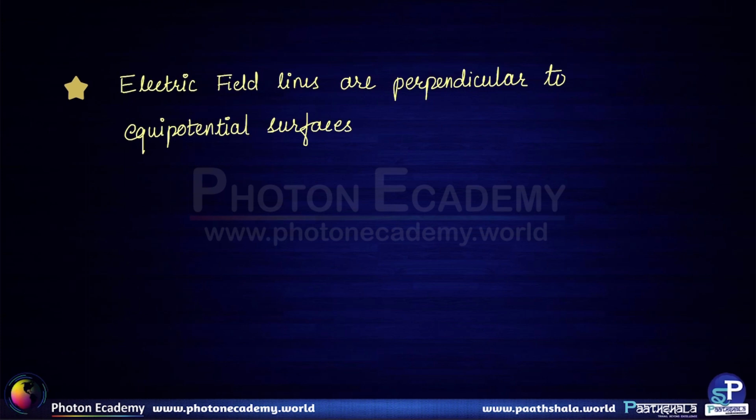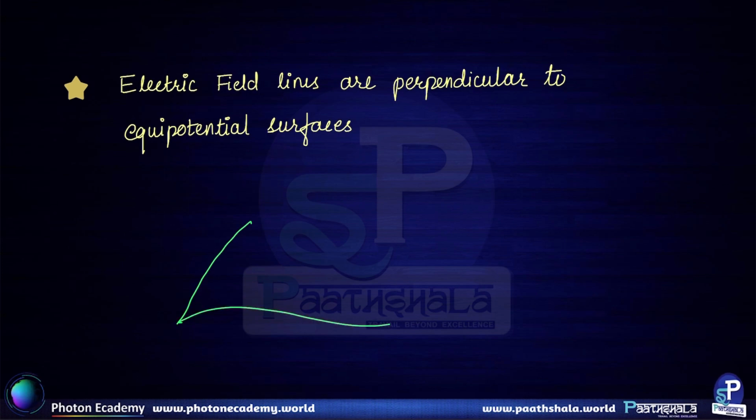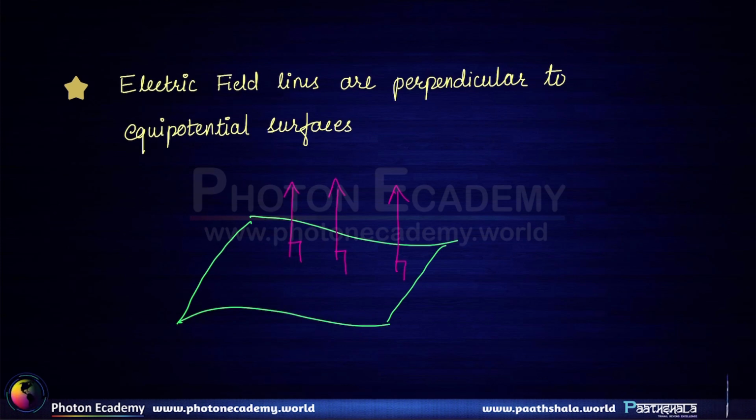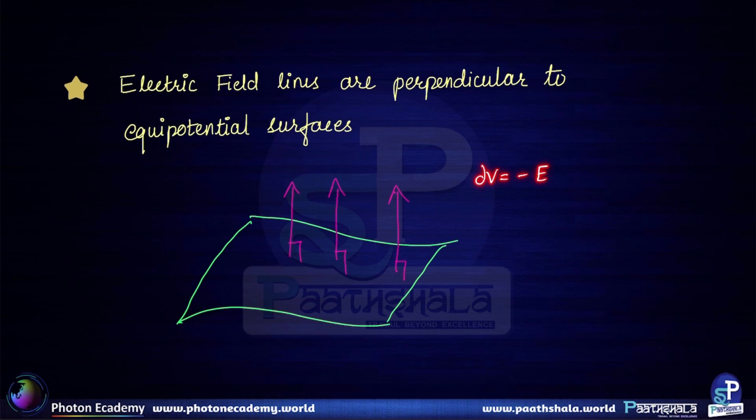Electric field lines are perpendicular to equipotential surfaces. So let us say we have a surface over here like this, and let us say we are to draw electric field lines. We would be able to see that electric field lines are going to be perpendicular to the equipotential surface. Why is this so? Because if the electric field were to hypothetically have a component along the surface or along the tangent to a surface, we could detect a potential gradient or a potential change there, because we know that dV is equal to minus E dot dl.